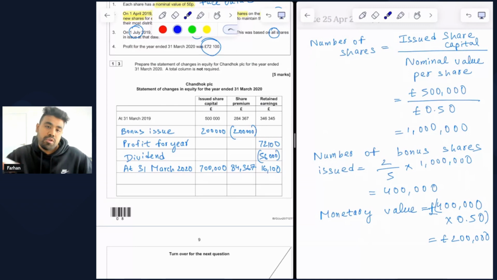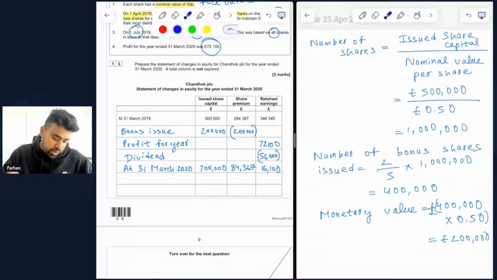So the bonus shares of 200,000 pounds is coming out of the share premium. So that is why we are putting a negative sign for the share premium, 200,000 pounds, which reflects that there has been a reduction in the reserves, and that amount has been transferred as issued share capital, or 200,000 pounds. Now, this 200,000 pounds, as we have already mentioned, is given out to the existing shareholders.